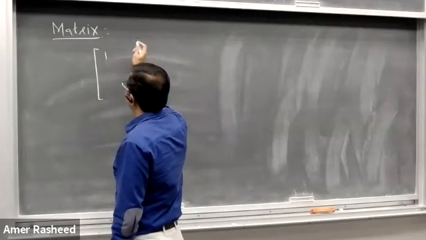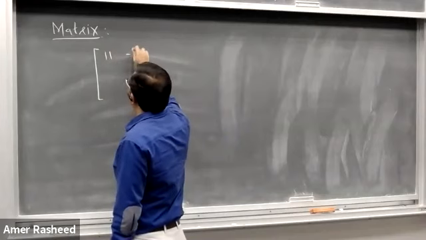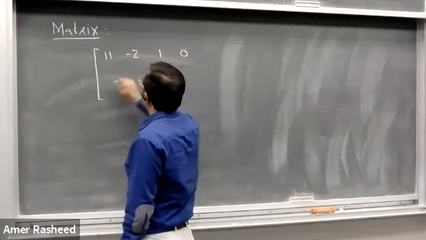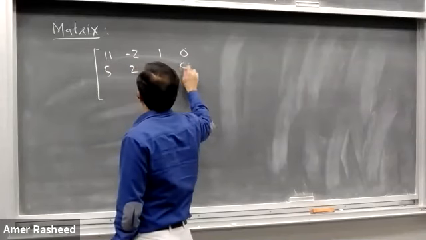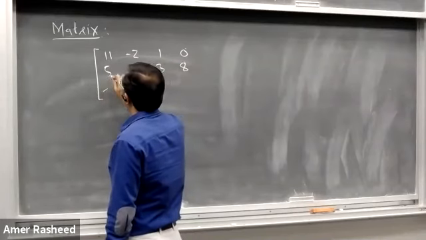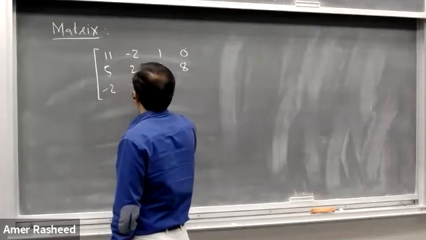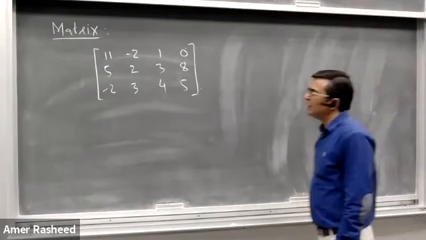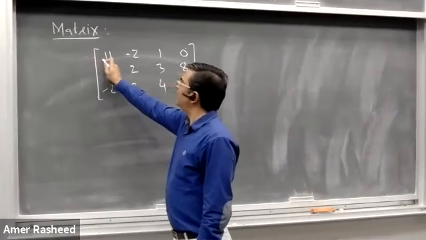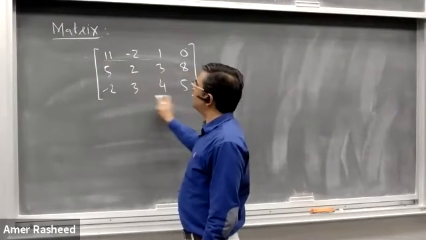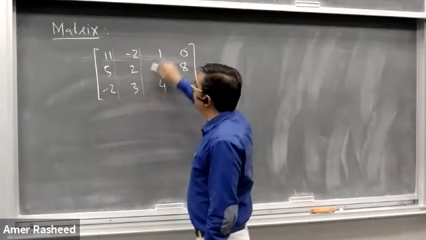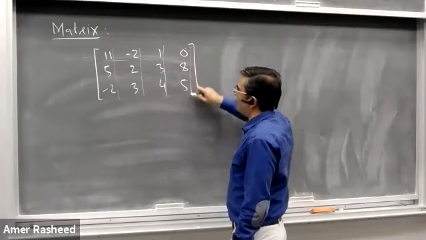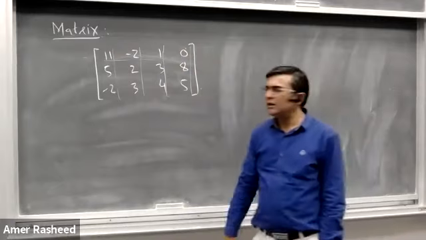So this is in general a matrix: 11, -2, 1, 0, 5, 2, 3, 8, and -2, 3, 4, 5. A matrix may have a different number of rows and columns. This is the first row, this is the second row, this is the third row. And in this way, these are the columns of a matrix. You all know these things.